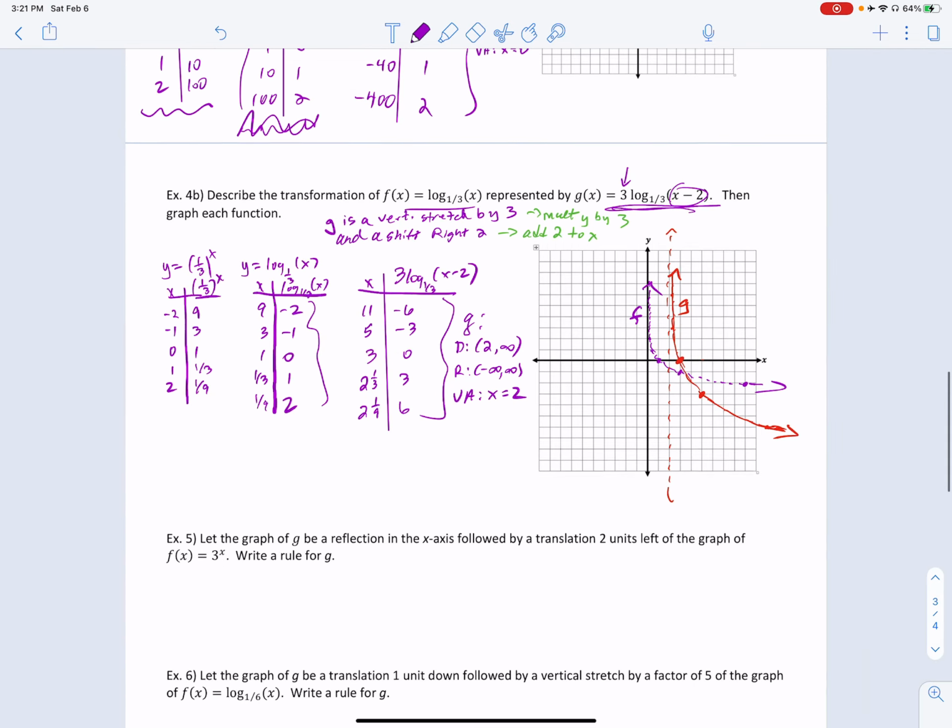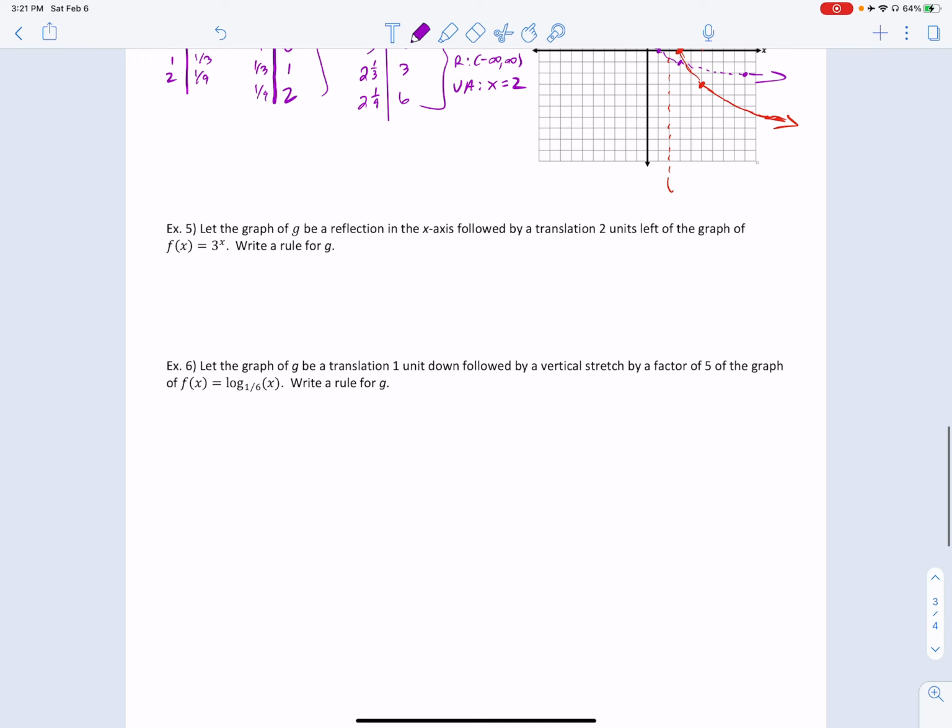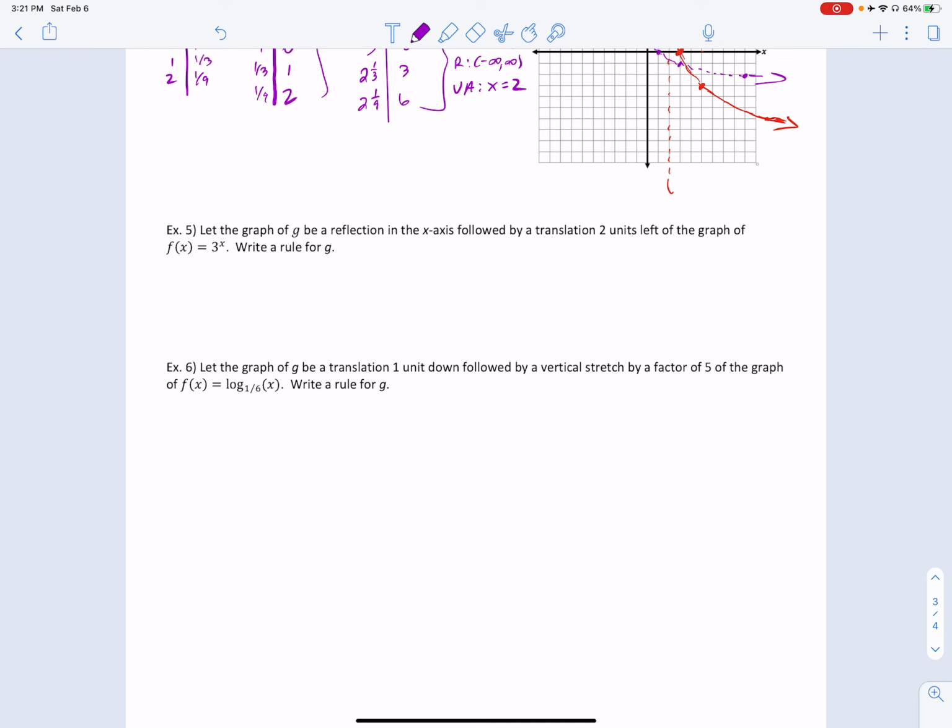Okay, and then lastly, we've seen these from pretty much the beginning of the year. Let the graph of G be a reflection in the x-axis. And that means we're going to be taking the opposite of f of x, and then a translation 2 units left.